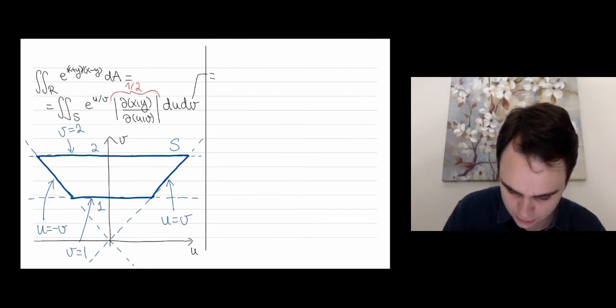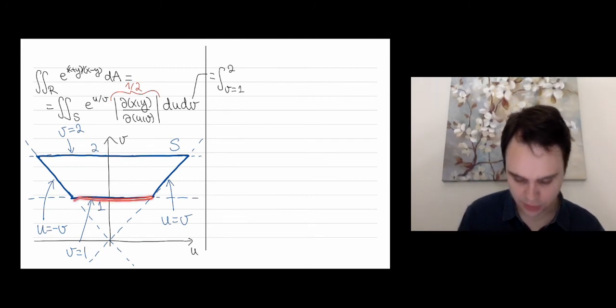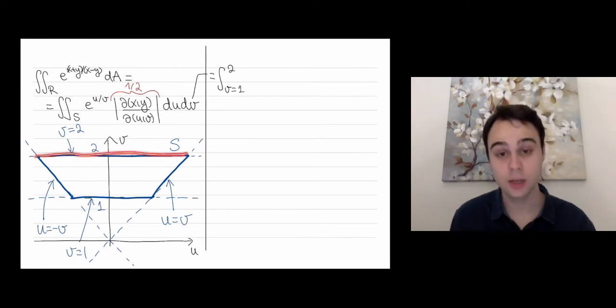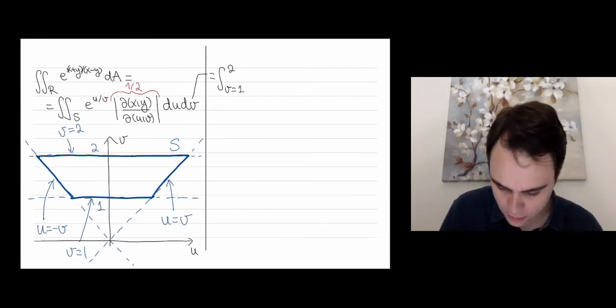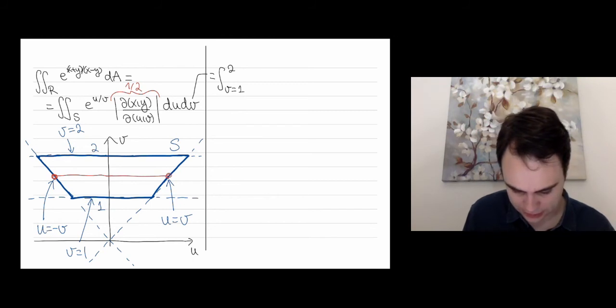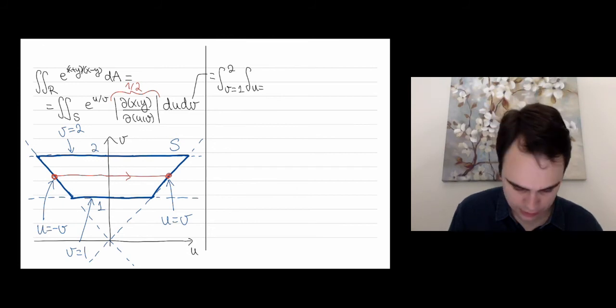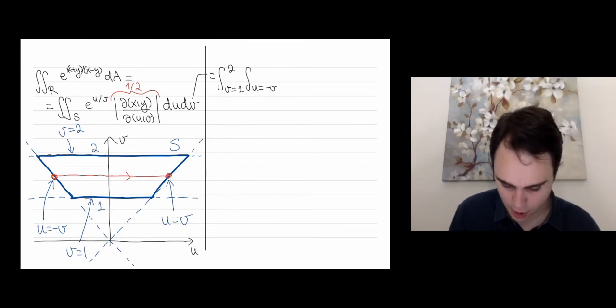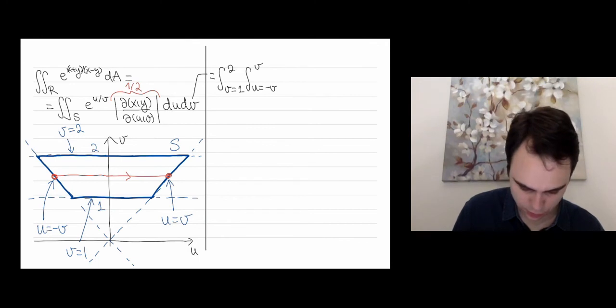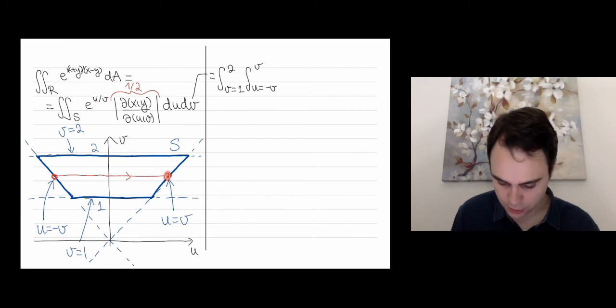So let's integrate v from 1 to 2. This is the minimum value of v in S, and this is the maximum value of v in S. Now fix an intermediate value of v, like here, and then do an integral like this. So u starts at minus v and stops at plus v.